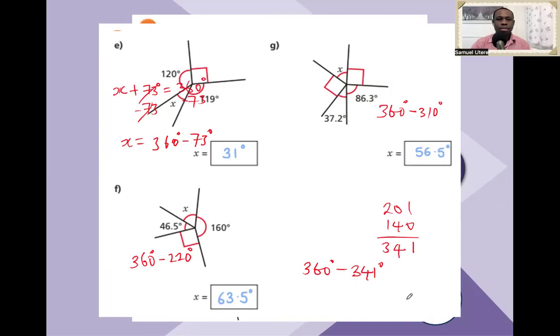Here is the answer for E, F, G. So I'm going to rub these off so that we can explore these other ones.